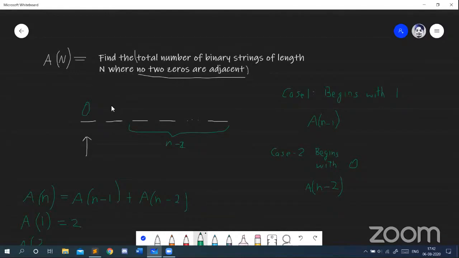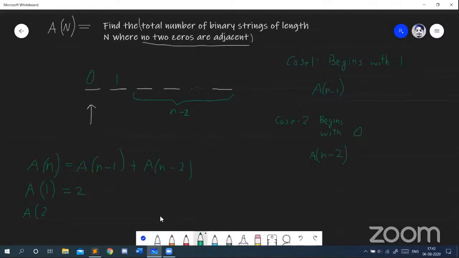Can I put a 0 here? I cannot, right? Because I cannot put two zeros which are adjacent. Therefore, the only choice I have for this blank is a 1. And that reduces the problem of filling n blanks to n-2 blanks, right? Which is nothing but A of n-2, right?